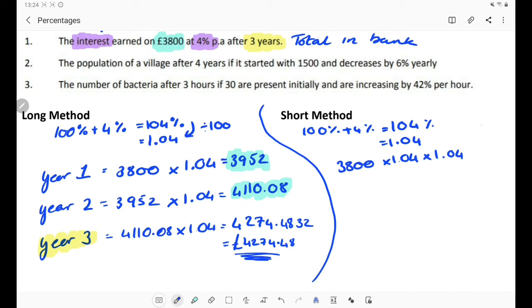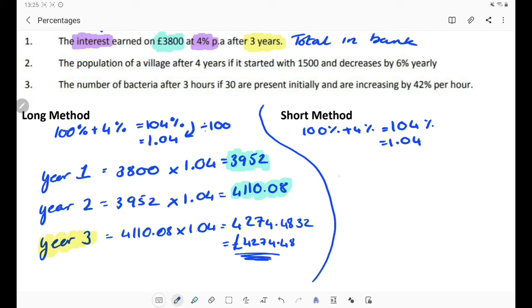And then we took that answer and we times it by 1.04. And suddenly, even that's half their working. On the other hand, if you times by something 3 times, that is the same as timesing it by the cube of it. So our short calculation would be as follows.